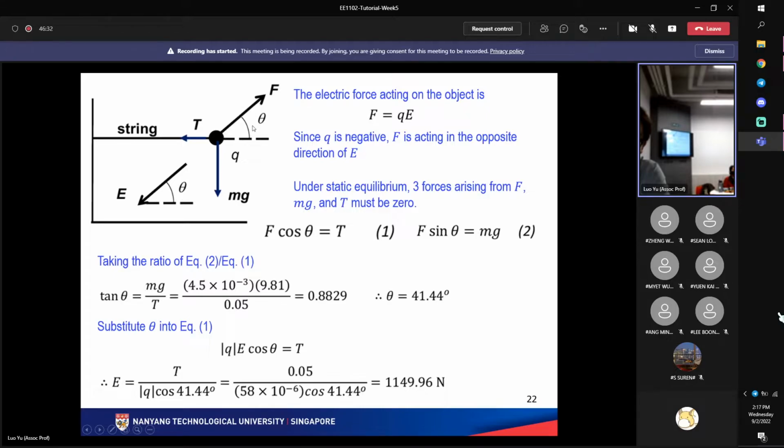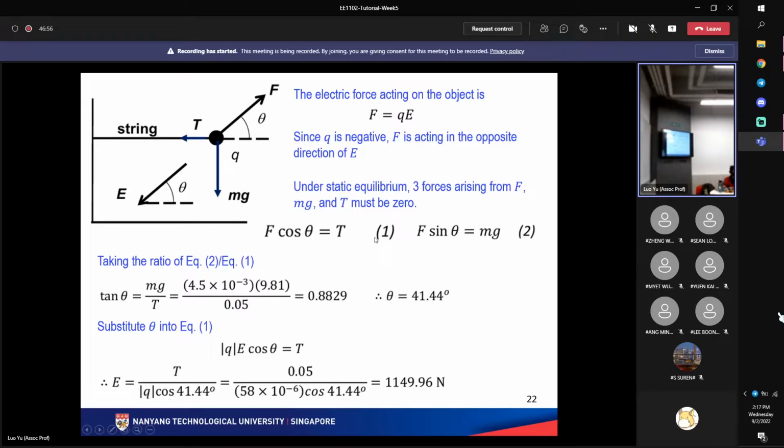Along the horizontal direction, I have Fe times cosine theta, which is acting to the right, equal to the tension force, which is acting to the left. Okay, this is the horizontal direction. So for the vertical direction, I have F times sine theta acting to the top, equal to mg, the gravity, which is acting to the bottom.